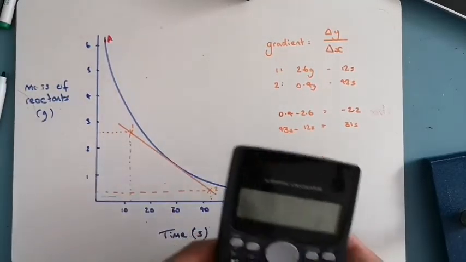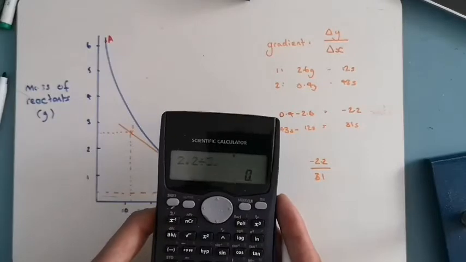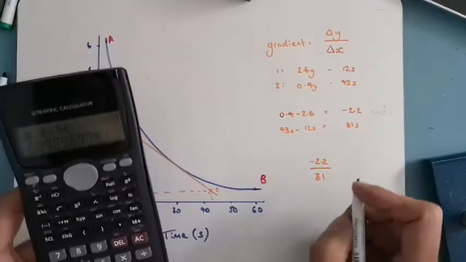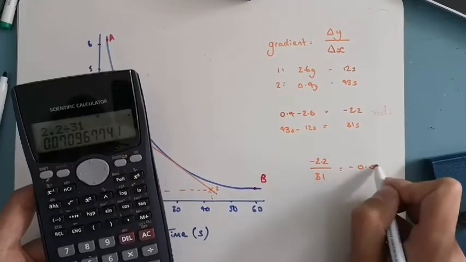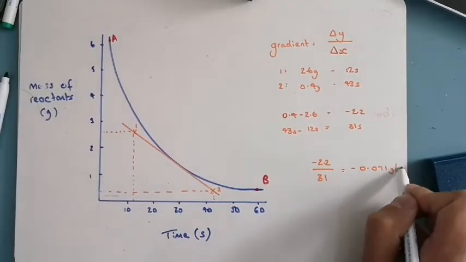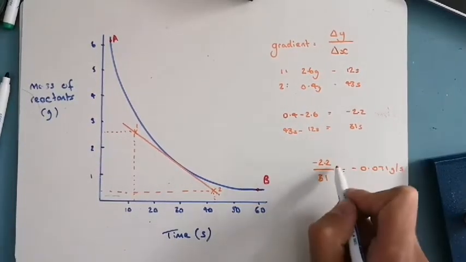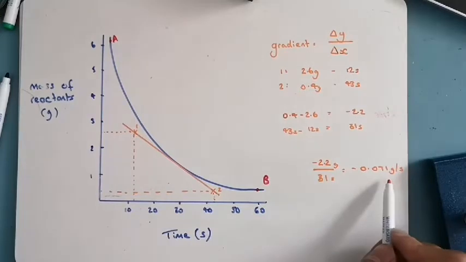If I put that into my calculator, 2.2 divided by 31 equals minus 0.071. Units this will be grams per second. We've done up here, units here, grams, seconds there, so grams divided by seconds as the unit.